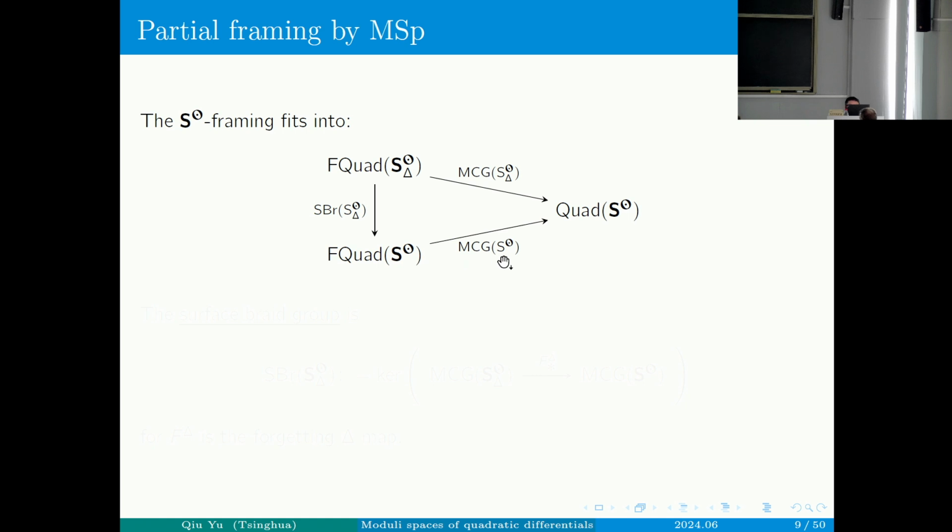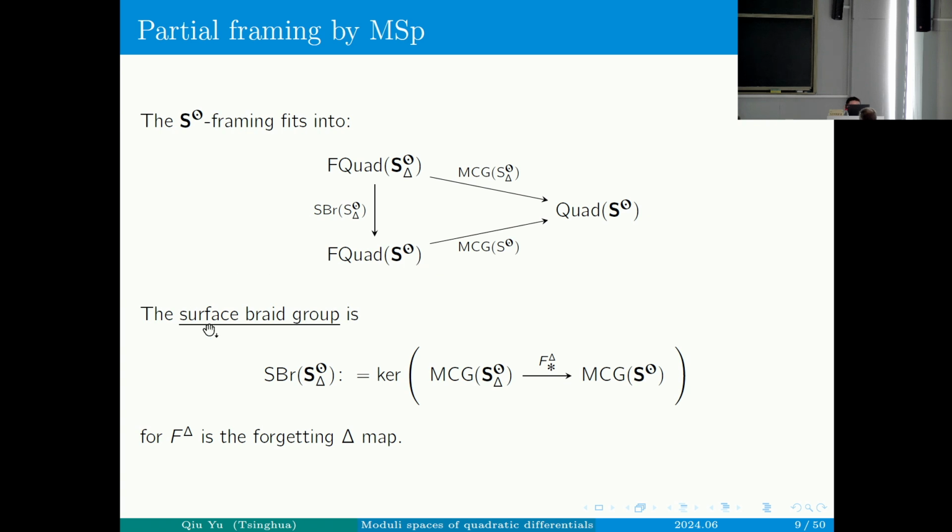Because you are using this undecorated surface to frame, the covering group is the symmetry of this smaller surface, and the difference is the so-called surface braid group. It is the symmetry group of the decorated surface relative to the undecorated surface. And then you just have this forgetting map, forgetting the decorations.